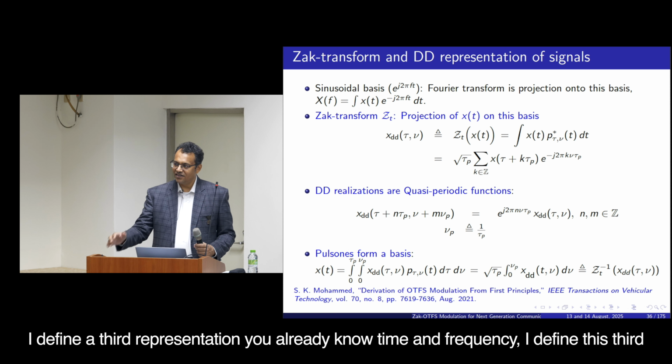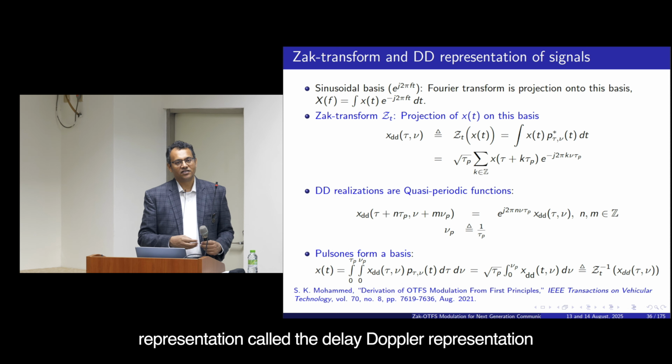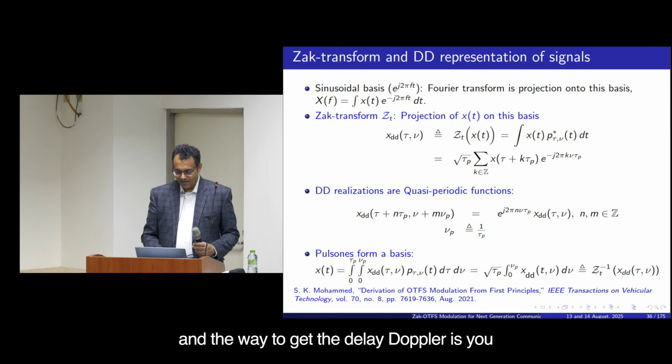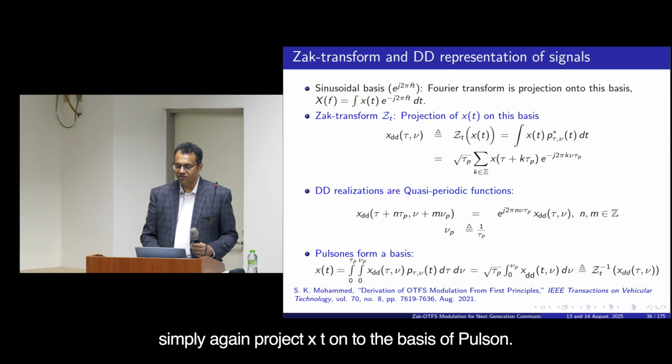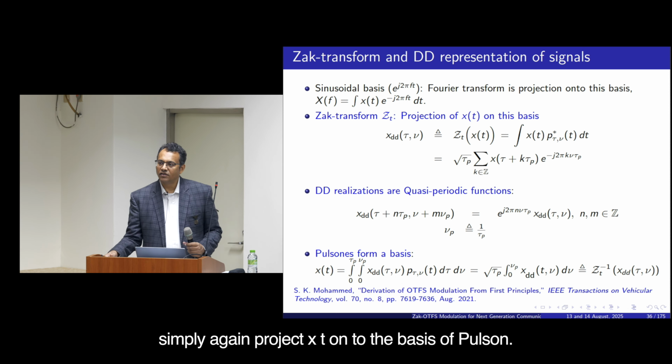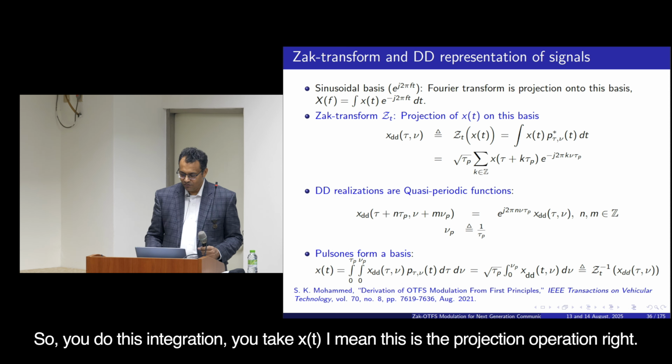I define a third representation. You already know time and frequency. I define this third representation called the delay Doppler representation, and the way to get the delay Doppler is you simply again project xt onto the basis of pulsons. So, you do this integration, this is the projection operation.